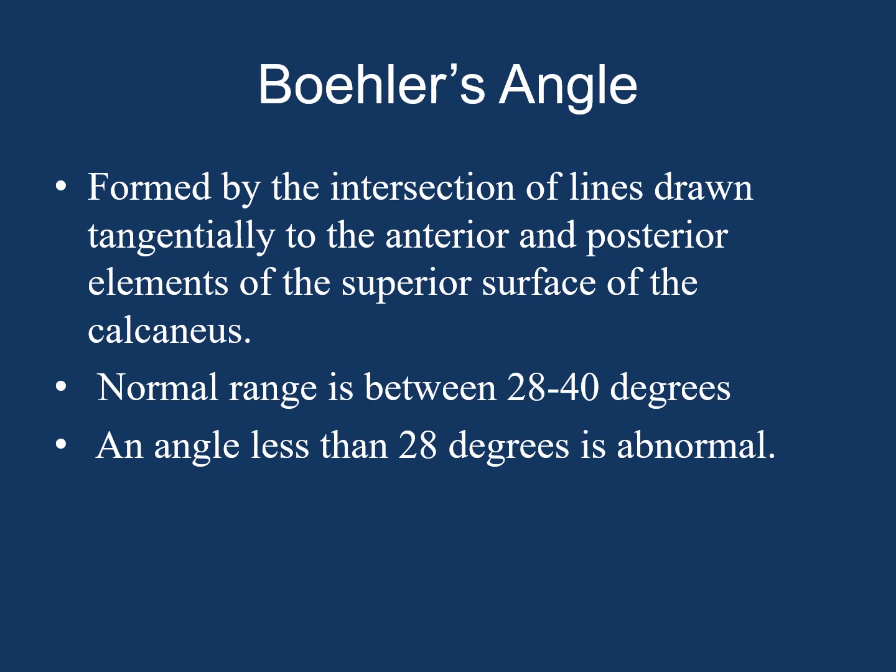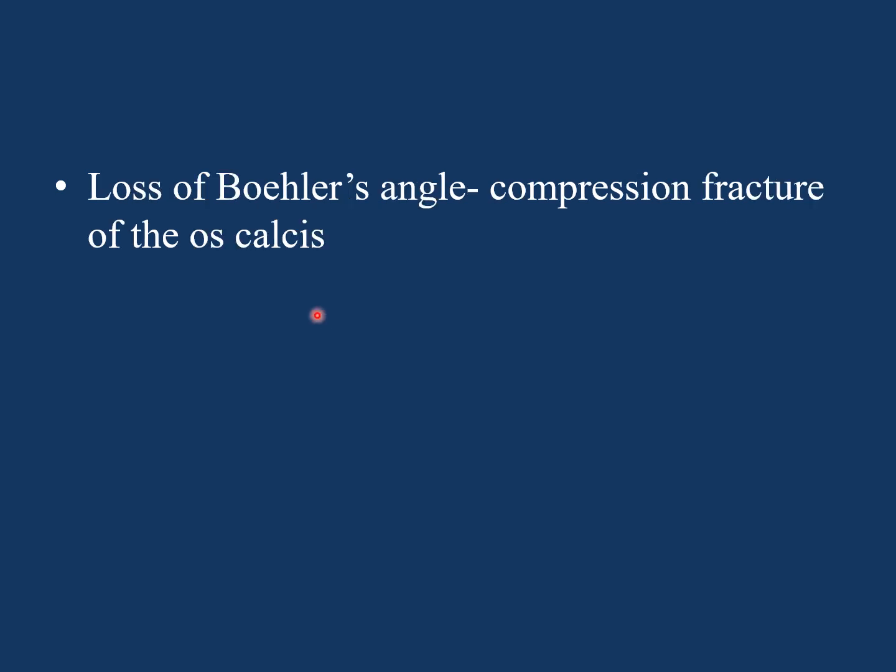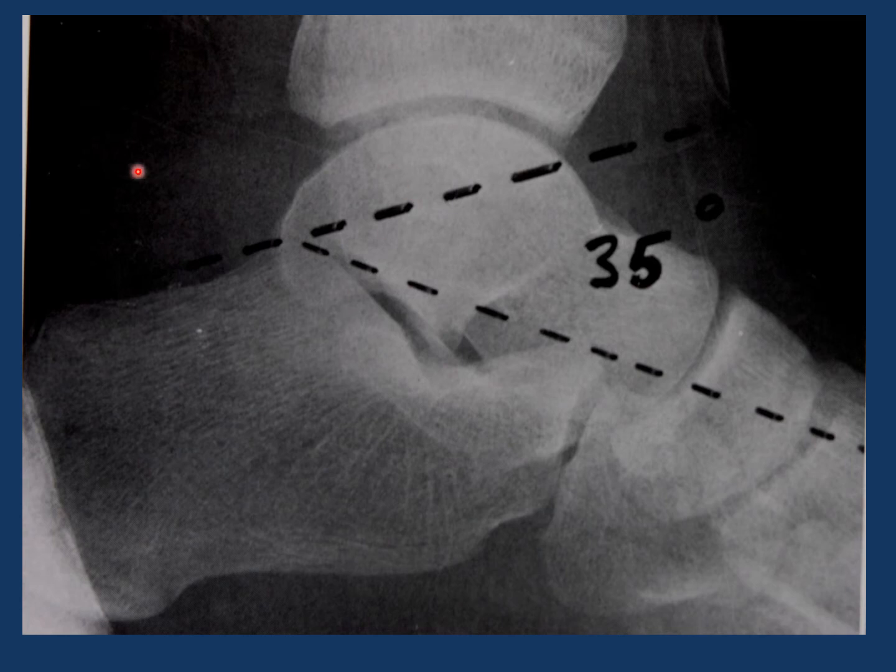An angle less than 28 degrees is abnormal. The loss of the Boehler's angle may mean a compression fracture of the os calcis. So here is how the Boehler's angle is drawn.